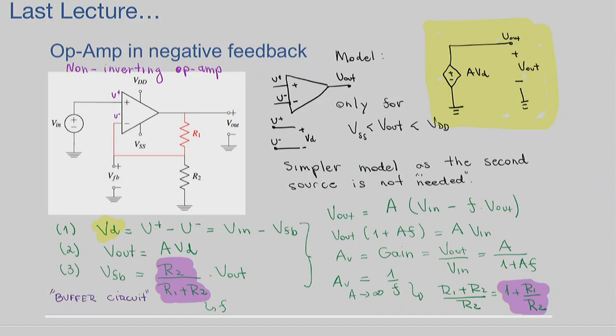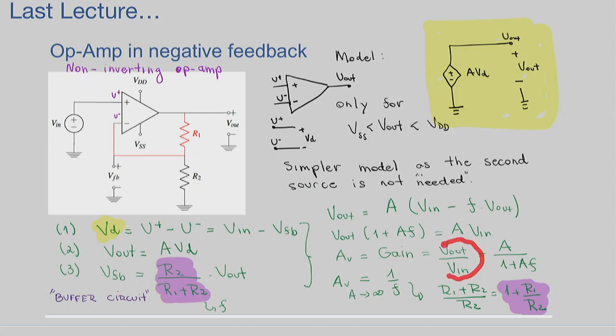Finally, we found that V feedback, the voltage we are feeding into terminal U minus, is given by the voltage of this block that provides the feedback signal, which is the voltage divider, which we knew how to derive because it's an old tool that we use all the time. Okay, then I did substitutions.